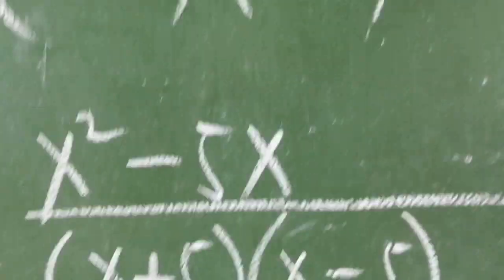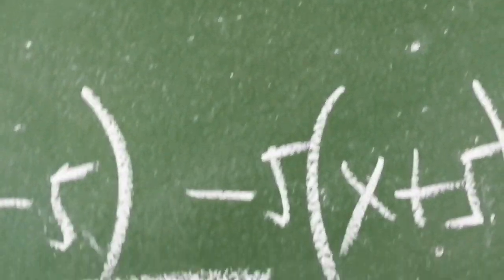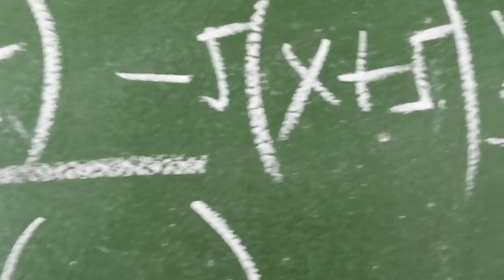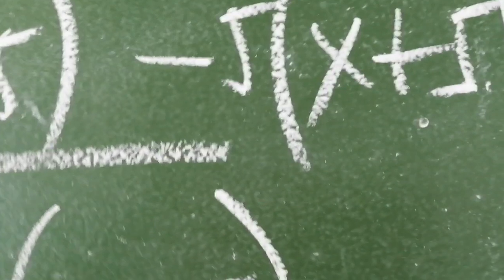Okay, and then the other one is minus 5x and then minus 25. I see 5 times 5.